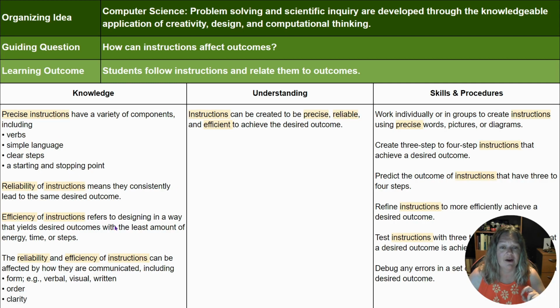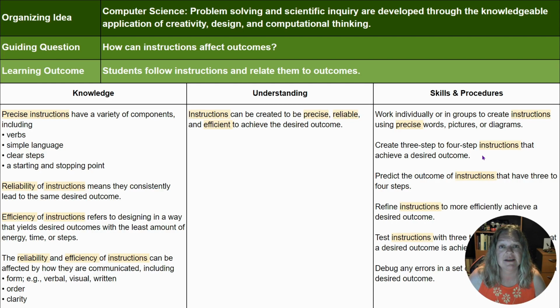Lots around instructions being precise and reliable. And you can see we have quite a number of skills and procedures here that we're going to go through in detail and look at some ways that you can work with these with students and have them demonstrate that they're catching on to this understanding. They're able to work with the instructions.